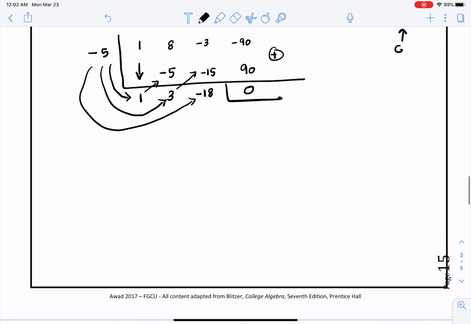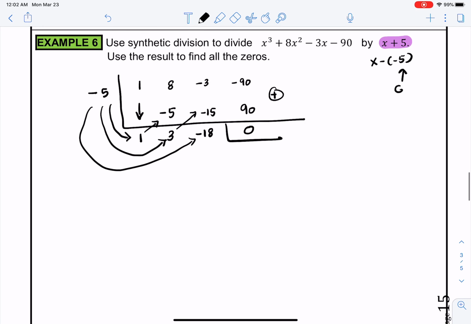So, the original polynomial is x cubed plus 8x squared minus 3x minus 90. That would equal the divisor, which is x plus 5, multiplied by the quotient. The quotient starts at a degree less than the original degree, strictly speaking, 1 less. So we start with x squared.